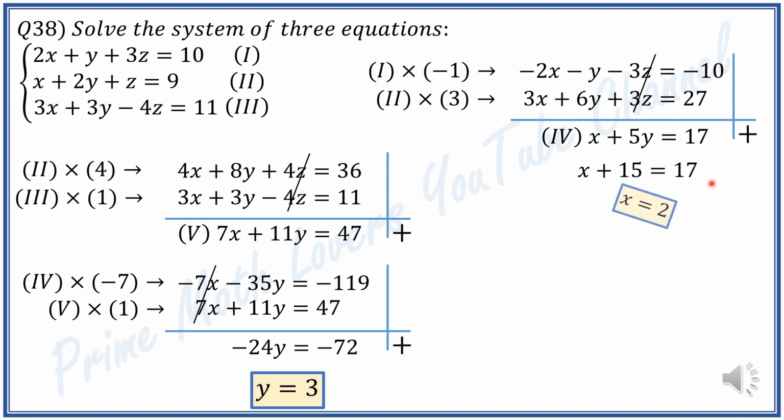We take 15 to the other side, and we get x is equal to 17 minus 15, or x is equal to 2.